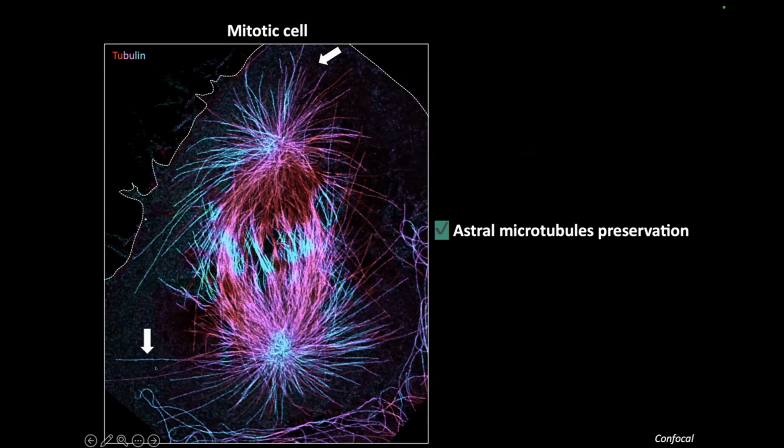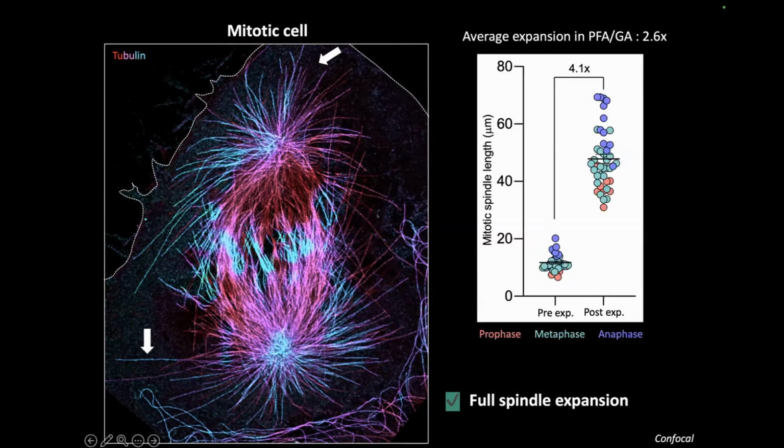And we are super happy to see that we could actually nicely preserve them without using a super strong chemical fixation that would prevent the expansion. And here we just quantified the fact that we could have a 4x expansion, while in PFA-GA it was known to be limited to like 2.5, 2.6.